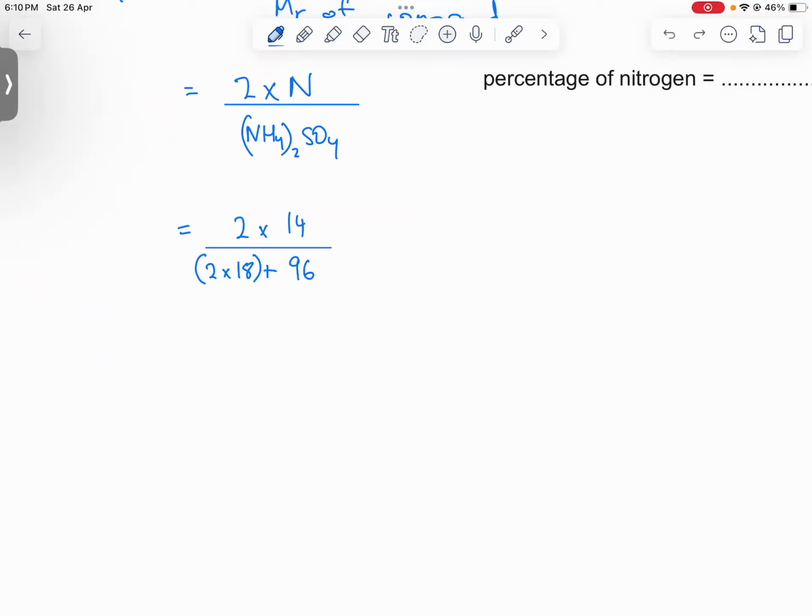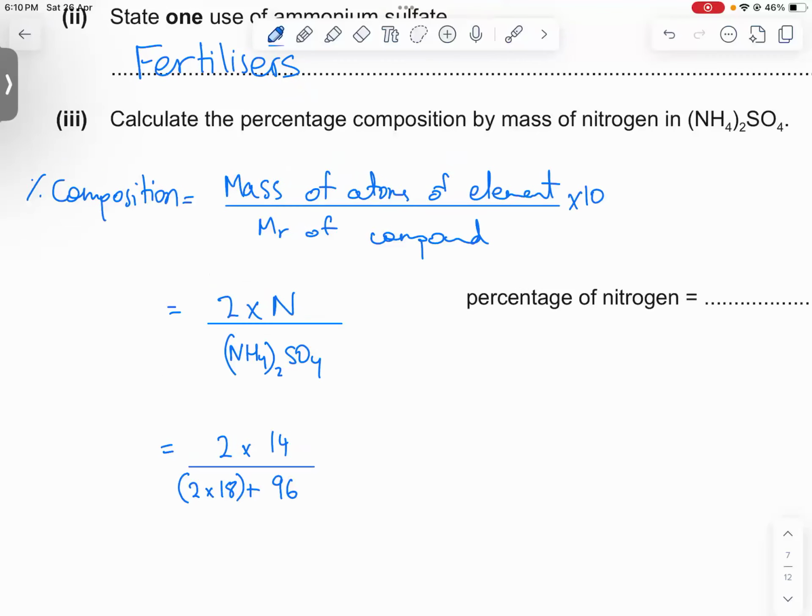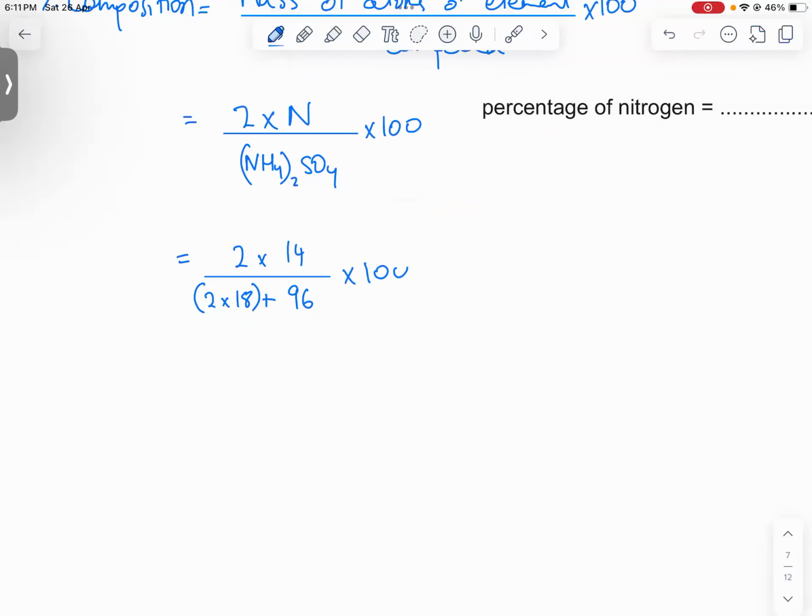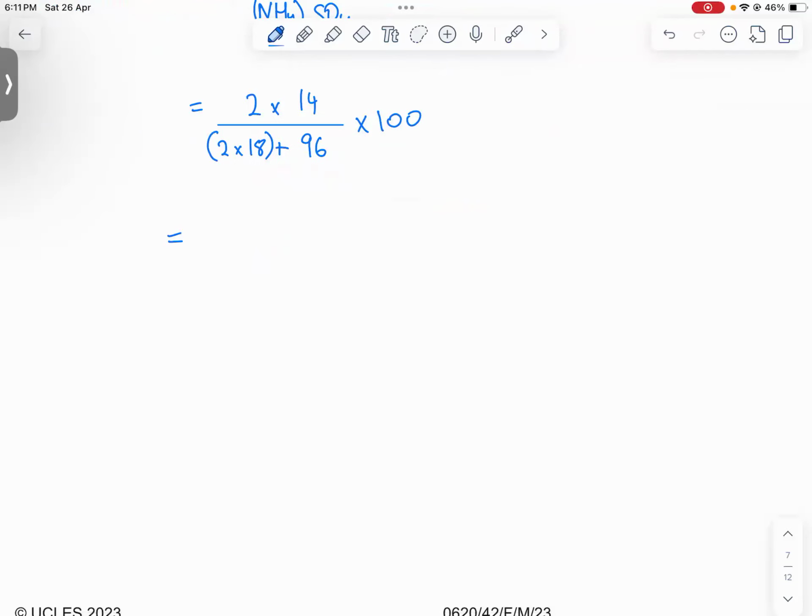So multiply by 100 as well. That is also something we have to put, right? Multiply by 100. So 2 times 18 is 36, sorry, plus 96 equals 132.